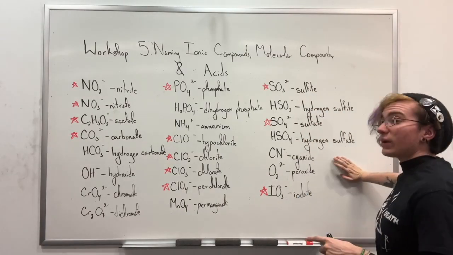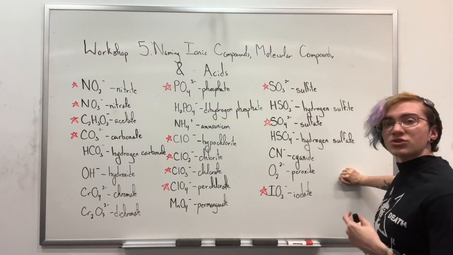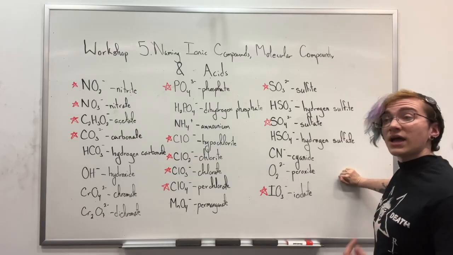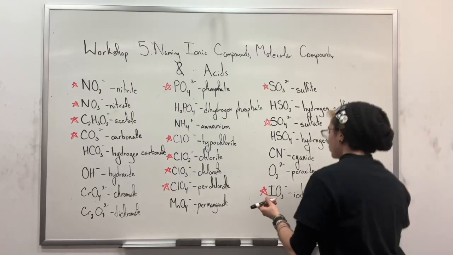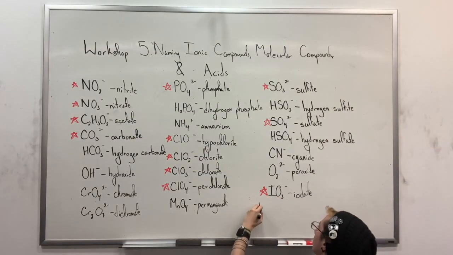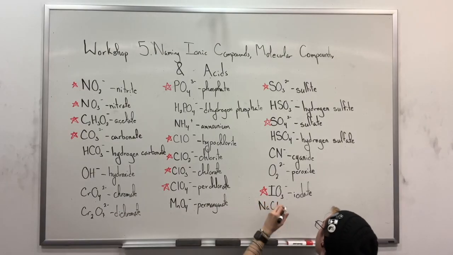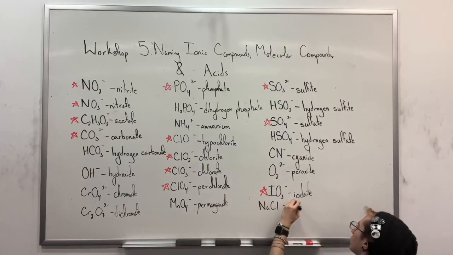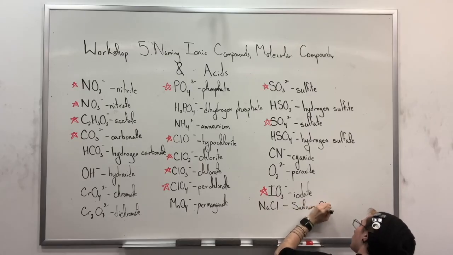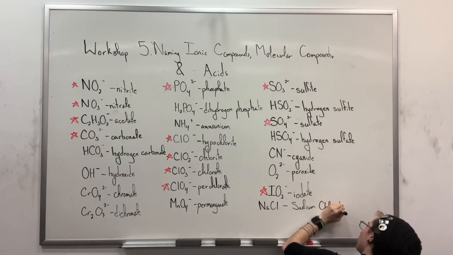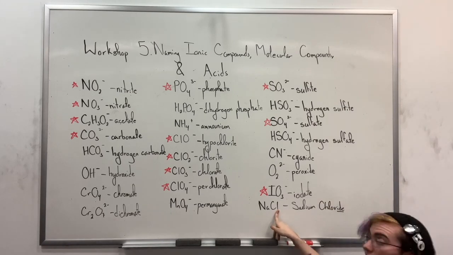When it comes to ionic compounds, the rules themselves don't change except you ignore the IDE rule. We saw before with NaCl that this becomes sodium chloride because chlorine is our non-metal.